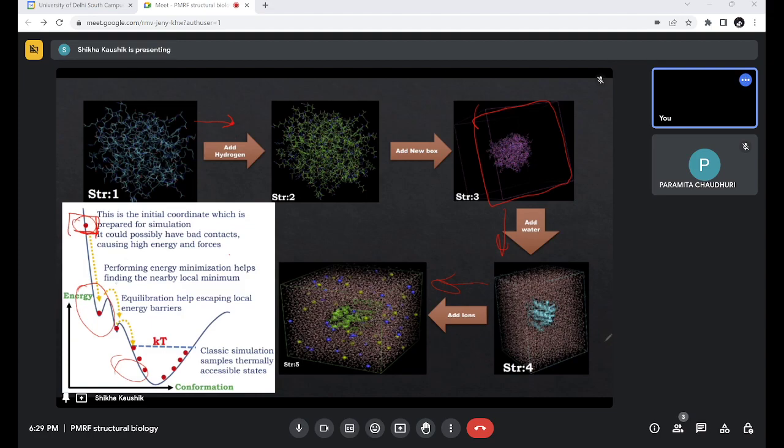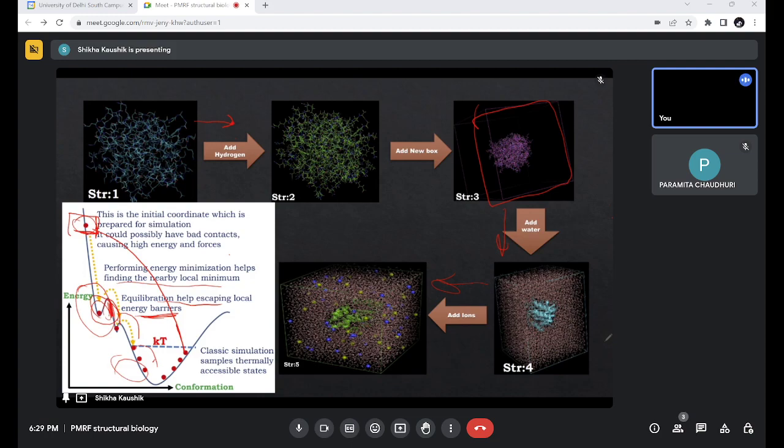First we have to take it to a nearby local minimum, and then by removing barriers, we have to take it to a state where equilibration helps in escaping the local energy barriers. So we have to break these energy barriers and gradually move it to a lower level.